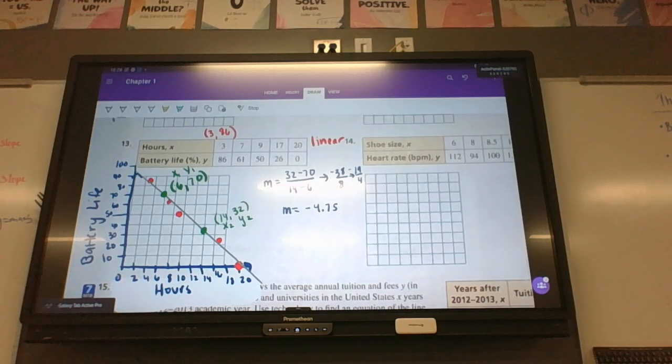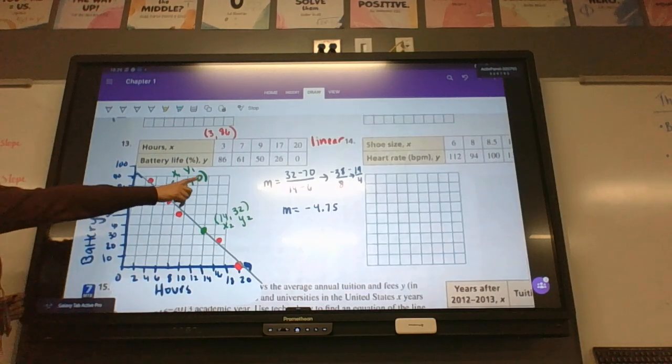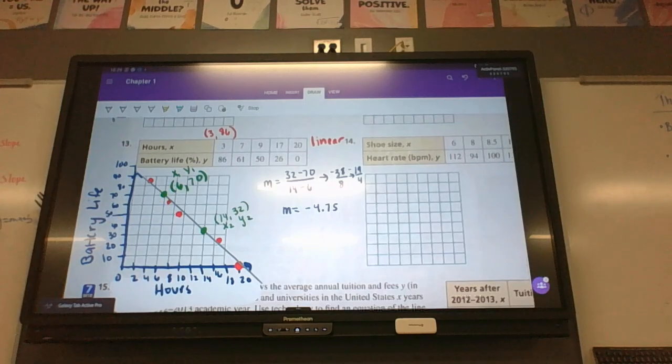Now we're going to use the first point and the slope to actually write our equation. Then we'll check our equation with our technology. So I'm going to plug in x1, y1 here. That's 70 and 6, or 6 and 70. And I'm going to plug in my negative 4.75 in the m spot.